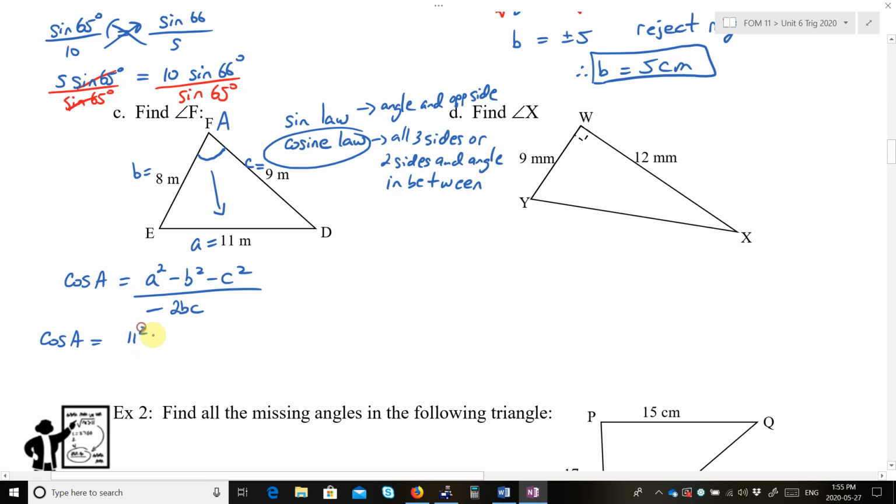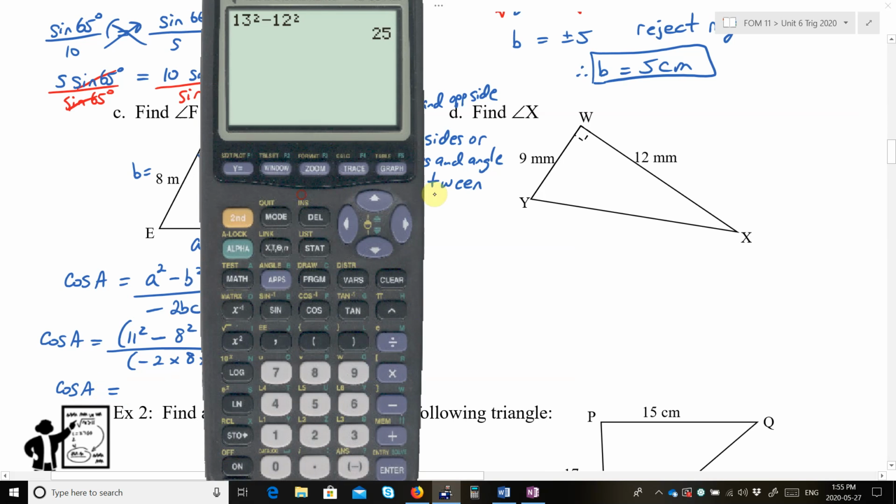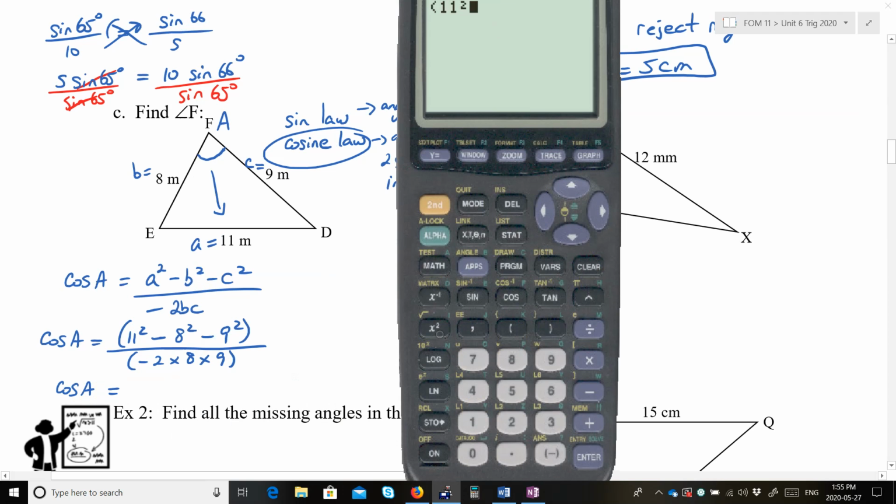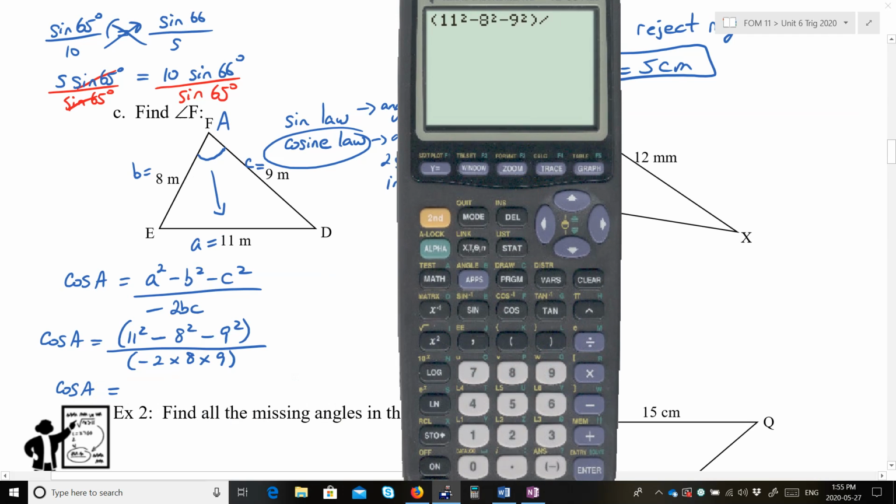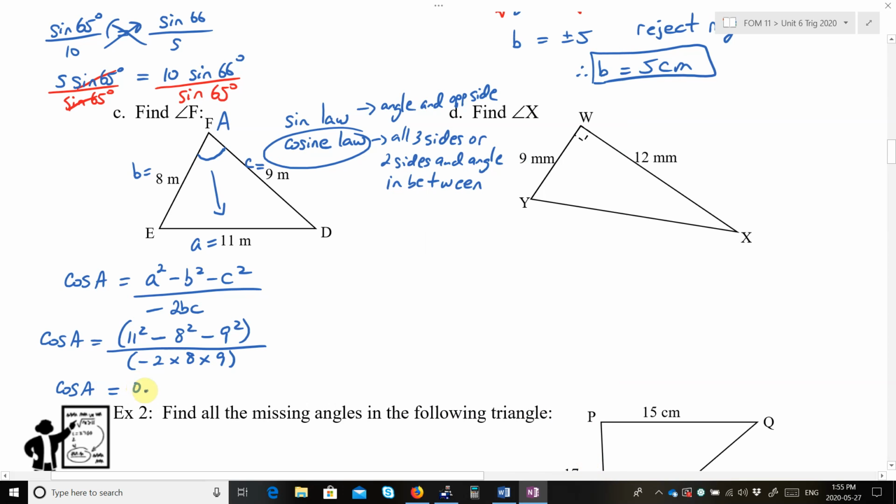So we are going to get 11 squared minus 8 squared minus 9 squared divided by negative 2 times 8 times 9. Okay, so cos A is equal to that, and we get 0.166 and a bunch of stuff.